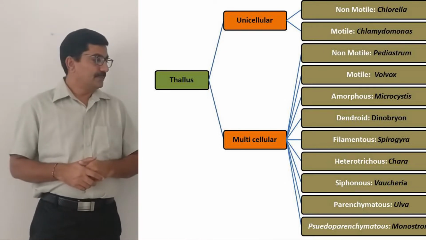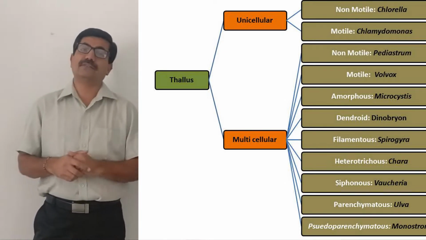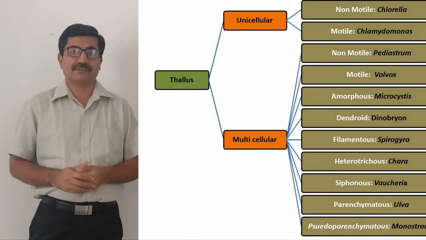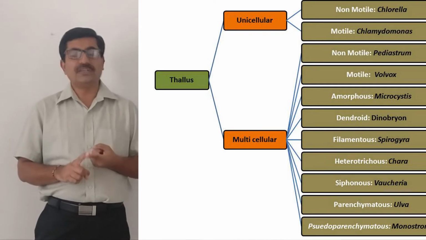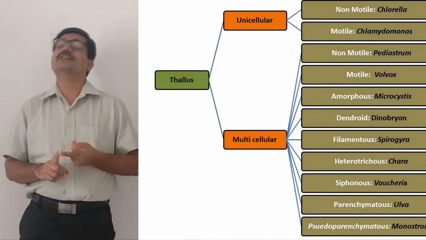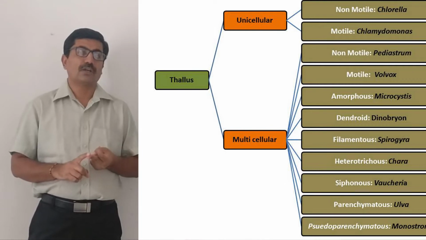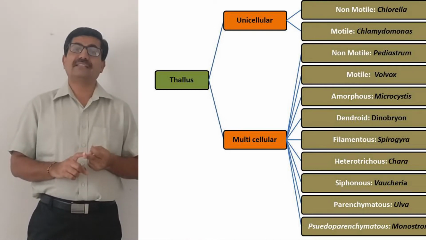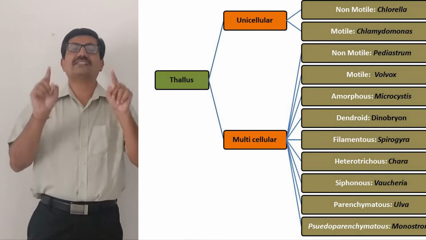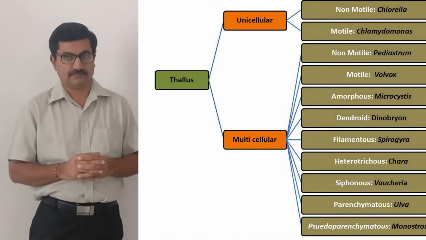Look at the chart. This thallus is divided into mainly two types: first, unicellular, and second, multicellular. Unicellular thallus means the plant body has just a single cell.